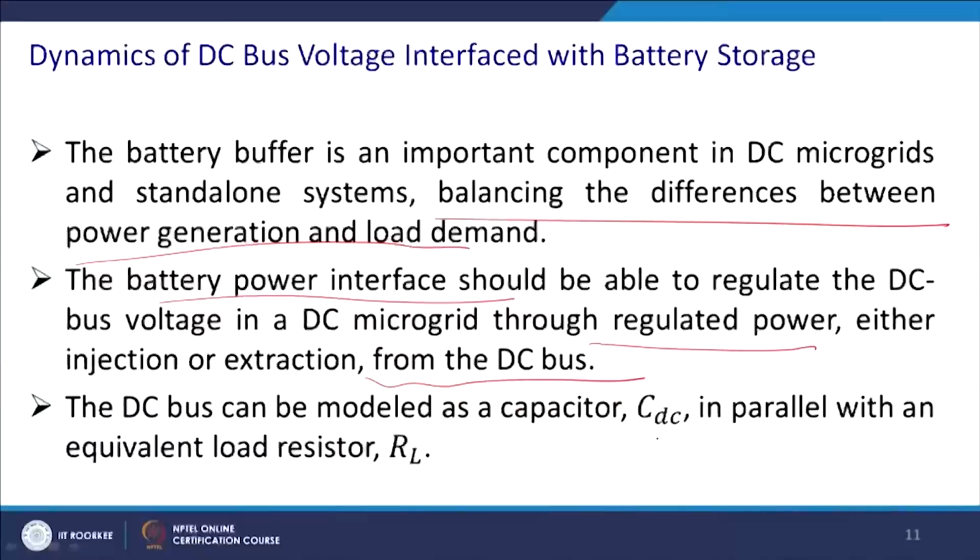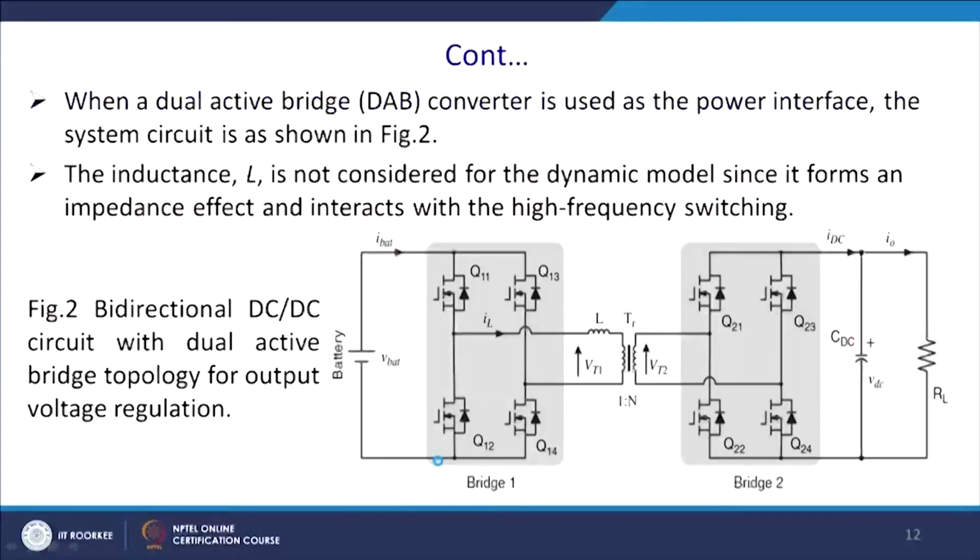And thus the DC bus can be modeled as a capacitor CDC in parallel with an equivalent load resistor RL. That is the way we can model it for the microgrid application. Now, this is an active bridge converter. We can have a bidirectional flow of power if required.